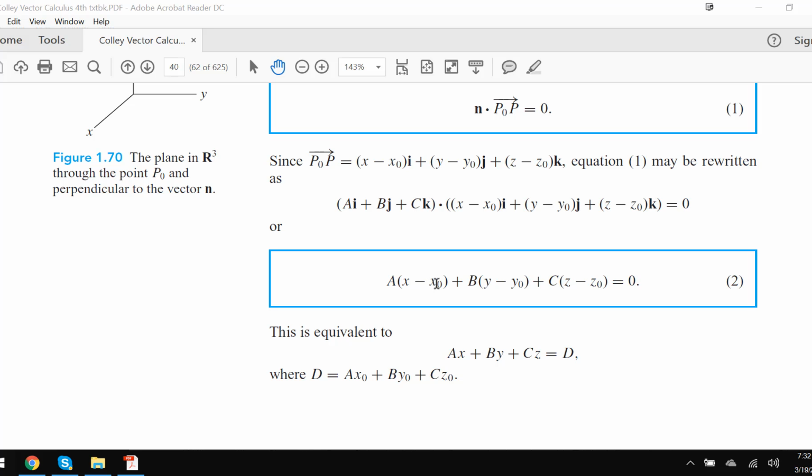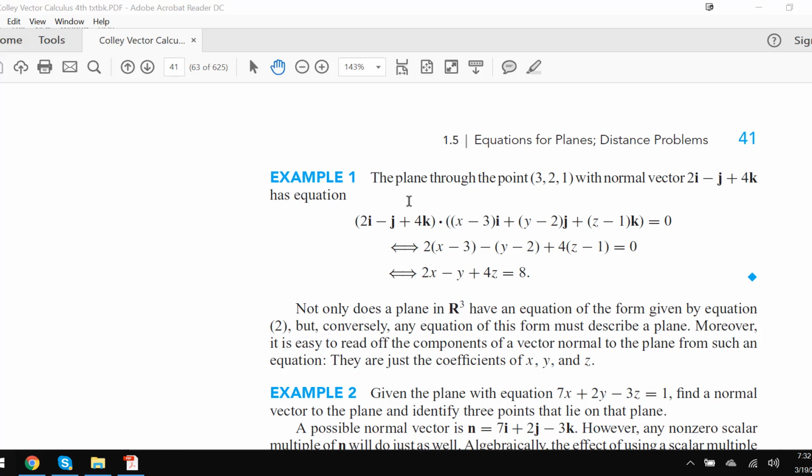A times x0 is part of the constant, B times y0 is part of the constant, C times z0 is part of the constant. So you just collect all that and call that D, or whatever. Anyway, you can get the constant part over on the right-hand side. You just have ax, by, and cz on the left-hand side, and everything else moved over to the right-hand side, and call that D. So this is another form of the equation of a plane, where D equals this stuff here.